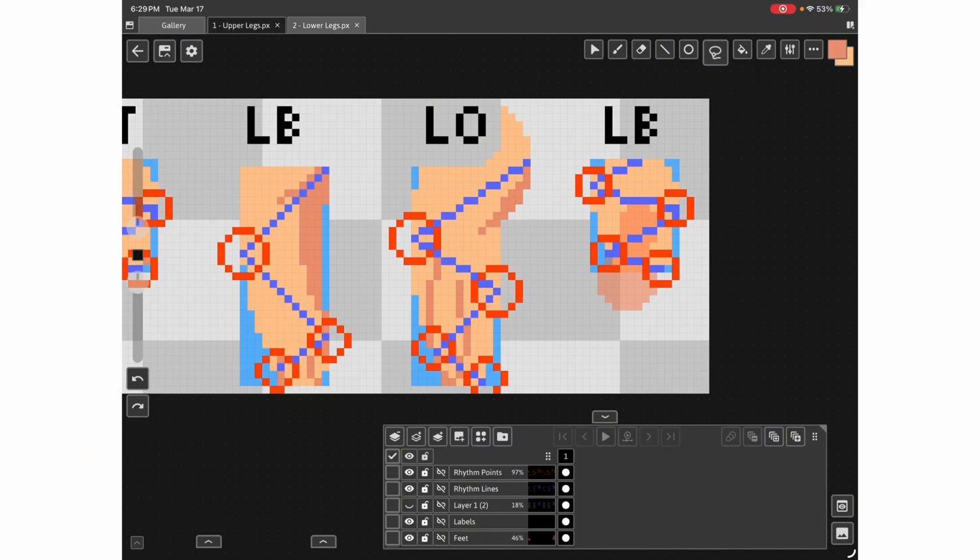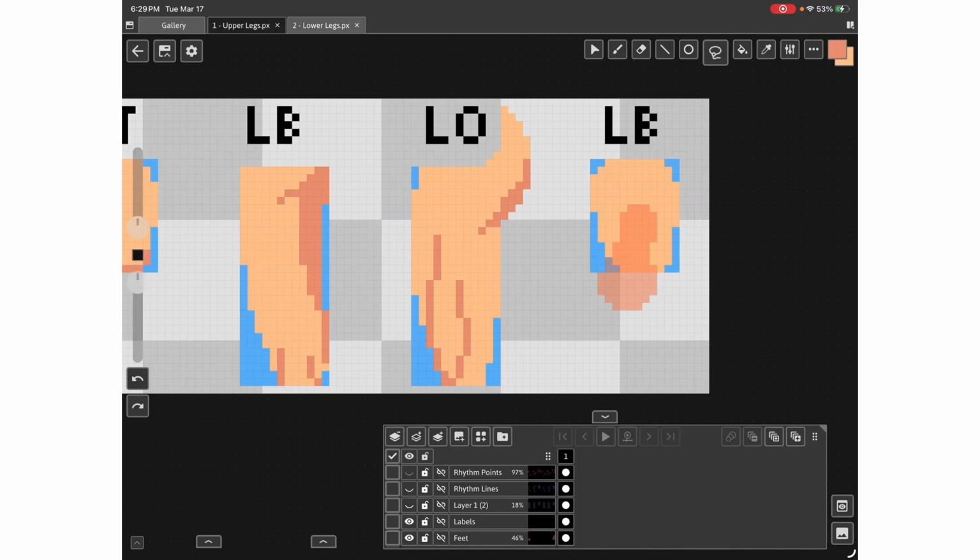But again, these rhythm lines are super important, because if you don't have them, or at least a general representation of them, your bodies aren't going to look right. They're going to look like the Michelin Man or a snowman, and we're not drawing snowmen. I mean, if you want to draw a snowman, hey, then you don't need to be watching this video.